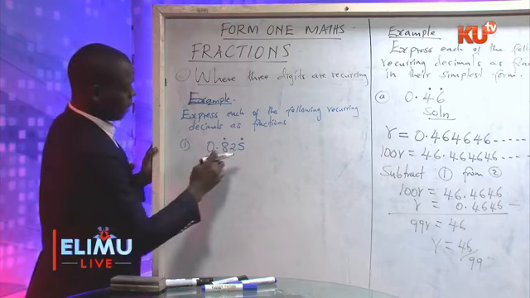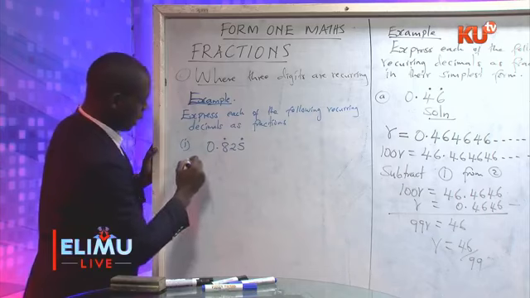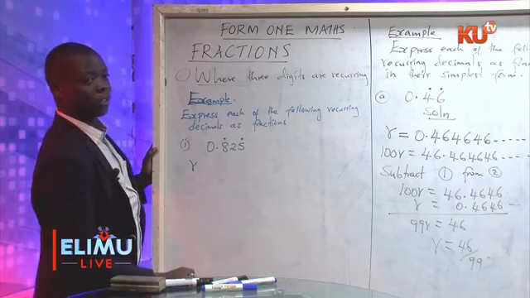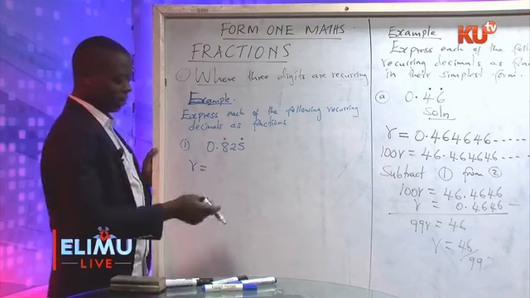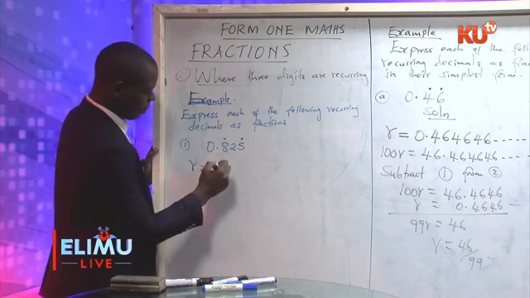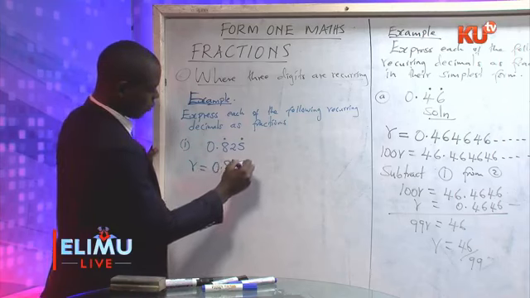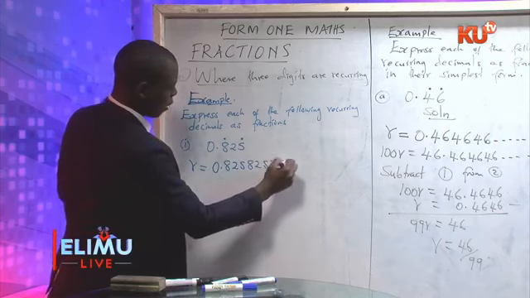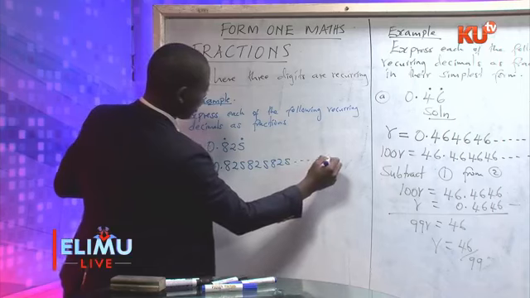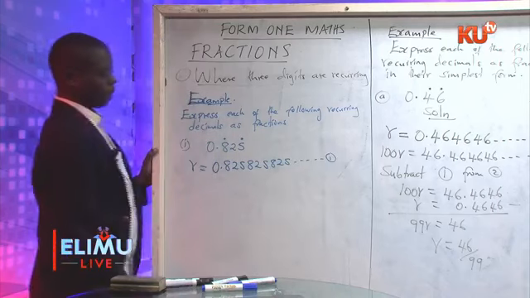So what you do, just as we've done before, identify the recurring decimal equation. R here stands for recurring decimal. It will become 0.825825825. As we've always said, write as many as you want.